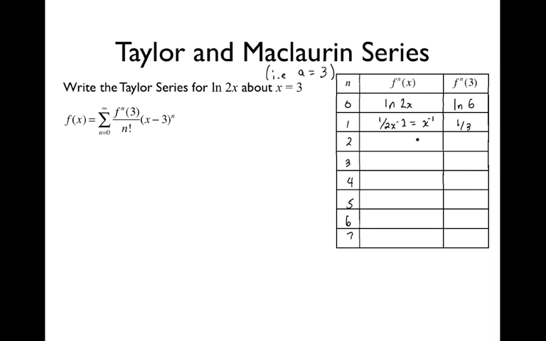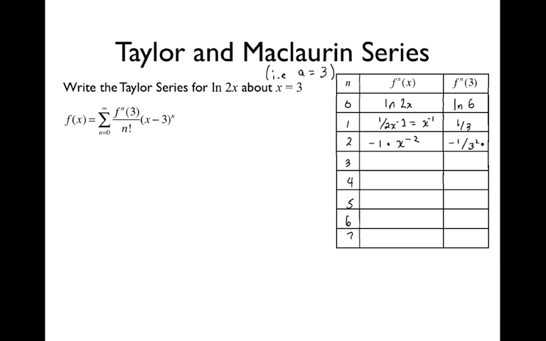Okay. Second derivative is the derivative of the first derivative. Derivative is negative 1 times x to the negative 2. In order for us to generate the formula, I'm not going to simplify. I'm going to do negative 1 divided by 2 squared, 3 squared, right?